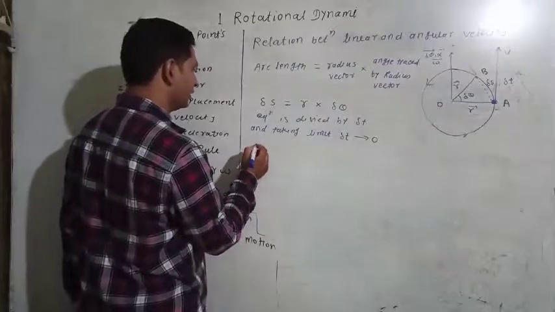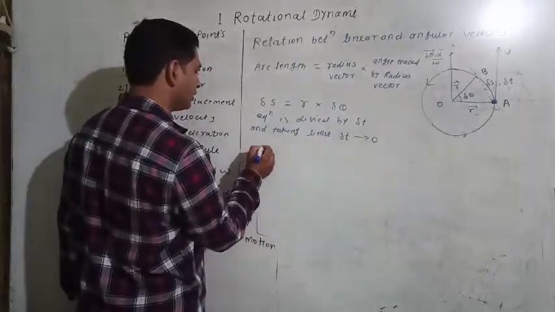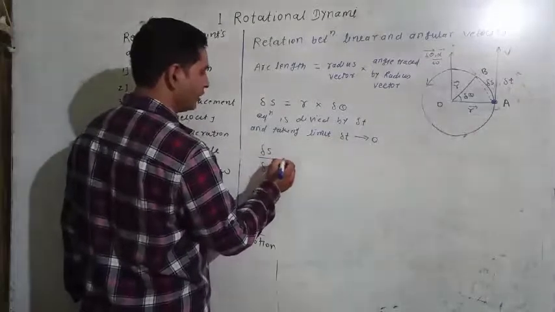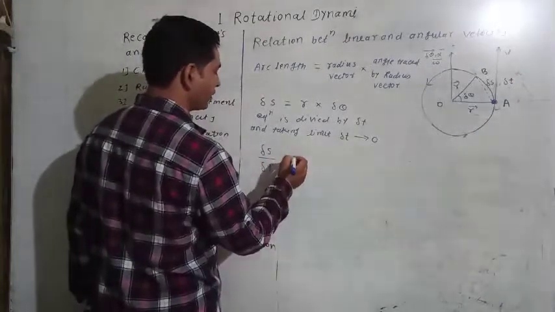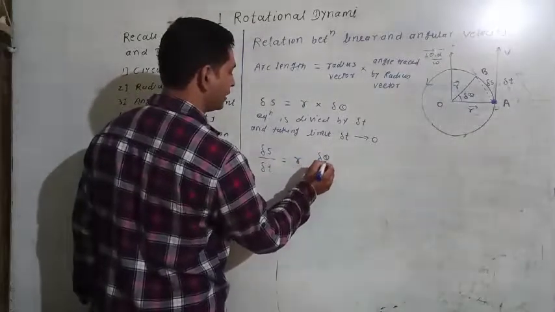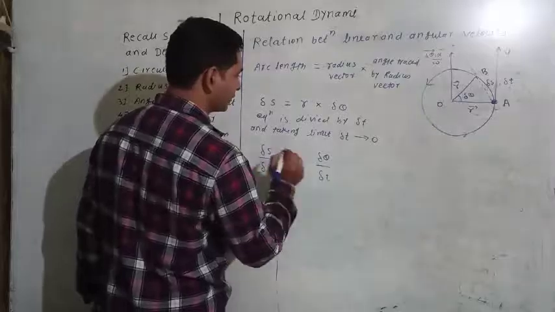Then we get del S upon del t equals R into del theta upon del t.